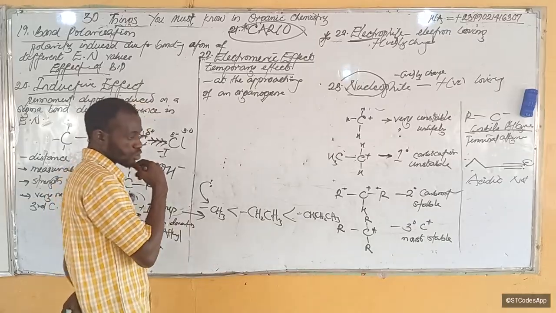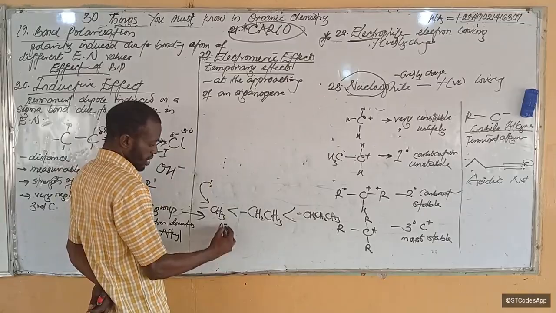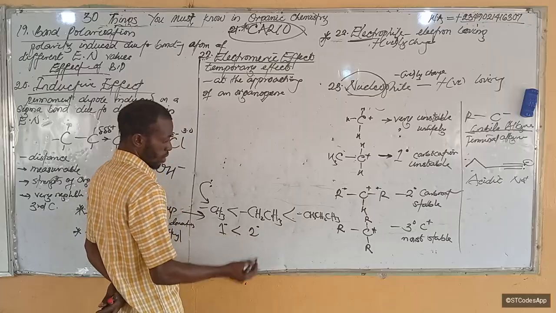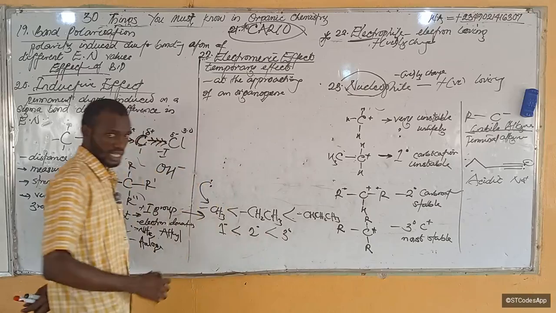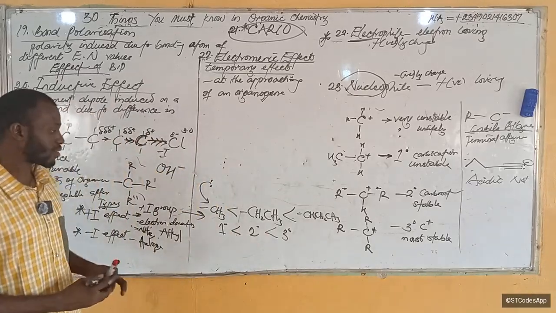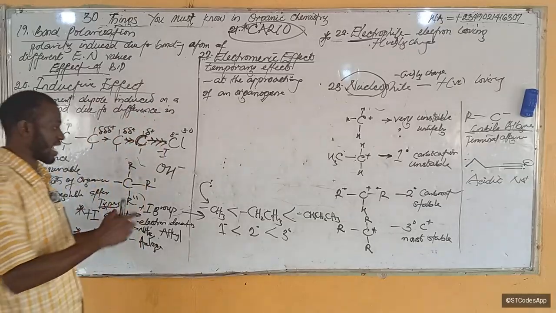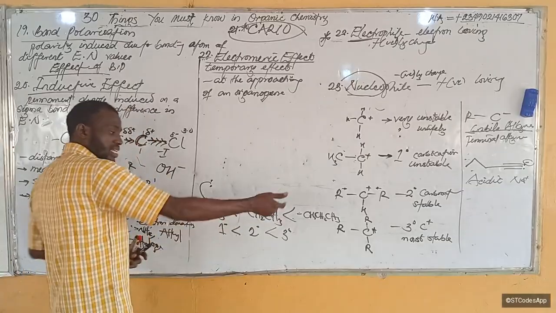Of course, the degree of substitution too matters. A primary will not have as much as a secondary, and this one will not have as much as a tertiary. Do you understand now? All right. So that tells you that. But of course, this is their own effect on the chain.